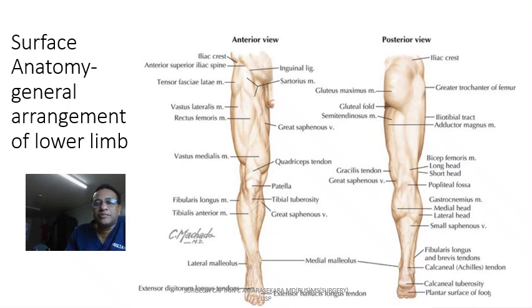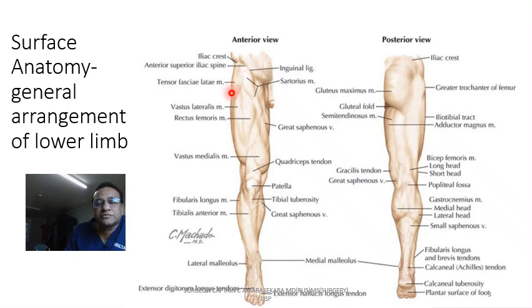At the beginning you will be able to identify the iliac crest, and the ASIS, anterior superior iliac spine, is very palpable, so it's a good landmark. In a person who works out a lot or goes to the gym regularly, you can see all those landmarks very clearly.